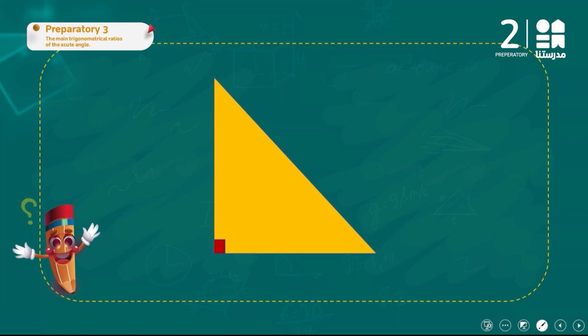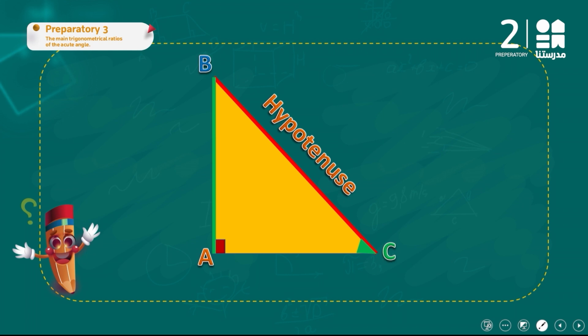Let's learn some new definitions here to enter the trigonometry science. In any right angle triangle, the side opposite to the right angle, we call it hypotenuse. And the side opposite to the angle C, we call it opposite, which is AB.